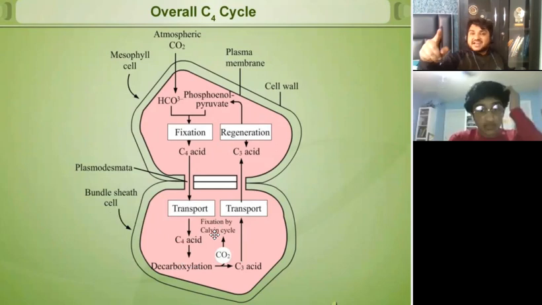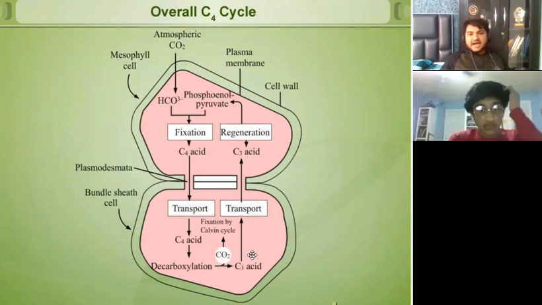It means inside the C4, C3 is also there, because this carbon dioxide can enter into the Calvin cycle, which is the C3 cycle. So one carbon dioxide is released and one carbon dioxide is taken out, so it becomes C3. So 4 minus 1 is 3.